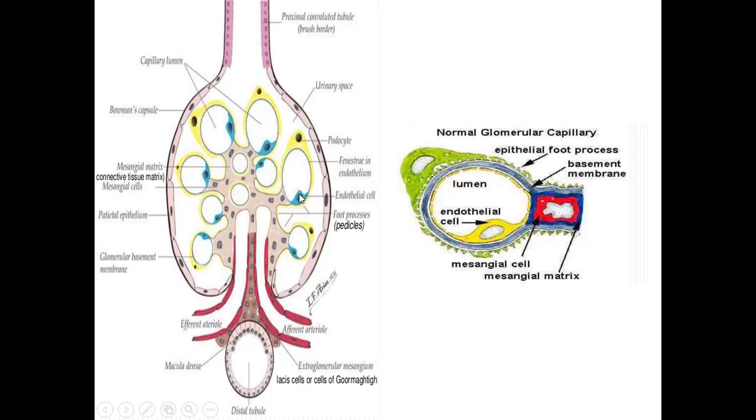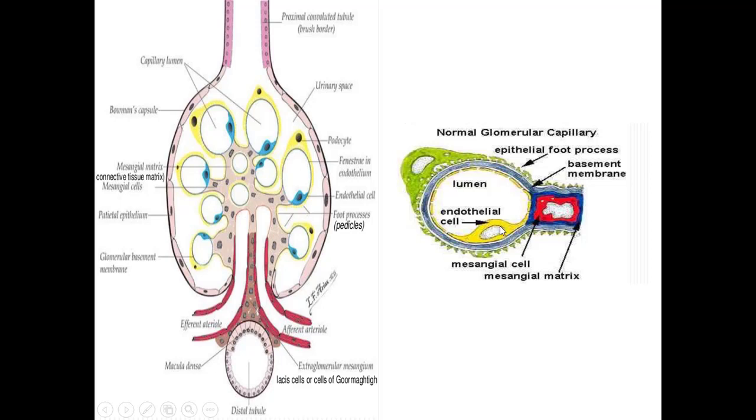Within the glomerular capillary itself, the capillary is lined by endothelium, and from the outside by the epithelial cell or podocyte. This is the endothelium, this is the space for blood, and this is the space for the urine. If we zoom in on this glomerular capillary, it will be like this.